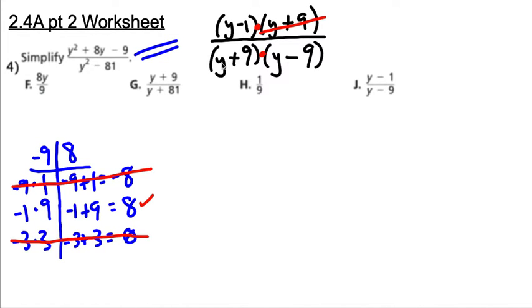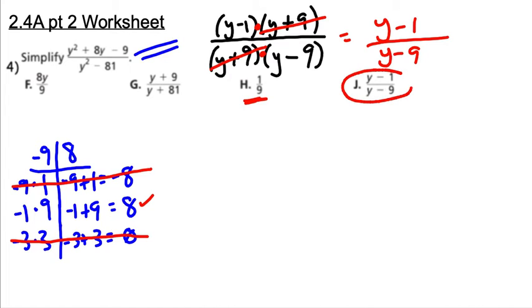So that entire thing cancels out. Okay, so y plus 9 cancels. Now I'm left with y minus 1 over y minus 9. Now, this is your final answer. And you can see here with this answer, h, 1 over 9, this is the one they wanted. Right here's your final answer.